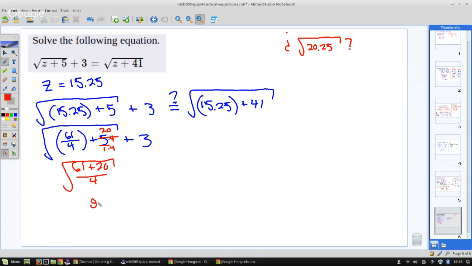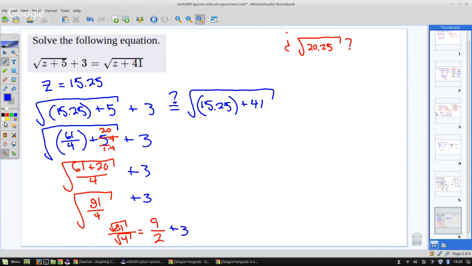That is 81 fourths. Ooh, I like this. Now I can look at it as the square root of 81 over the square root of 4. The square root of 81 is 9. The square root of 4 is 2. That plus 3 was just hanging out, waiting to be used.